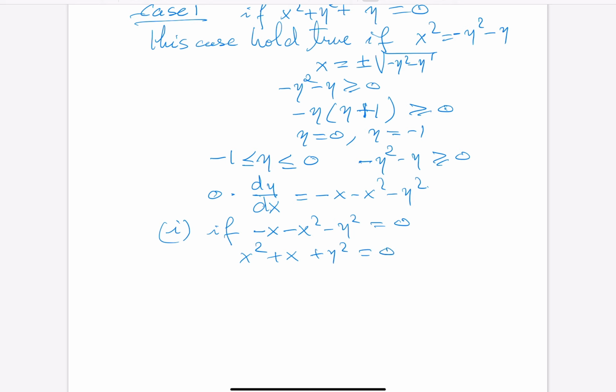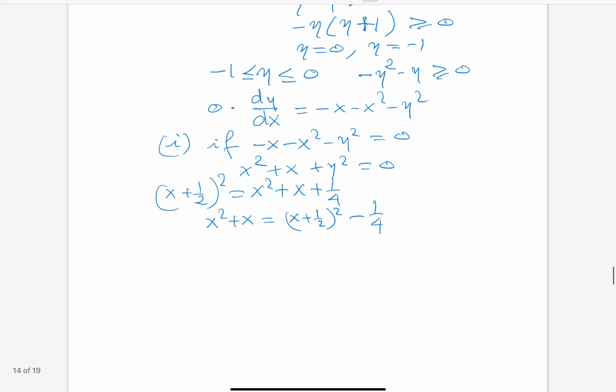So here you know (x plus 1/2) squared is x squared plus x plus 1/4. And you know x squared plus x is equal to (x plus 1/2) squared minus 1/4. Take this one, replace it here.